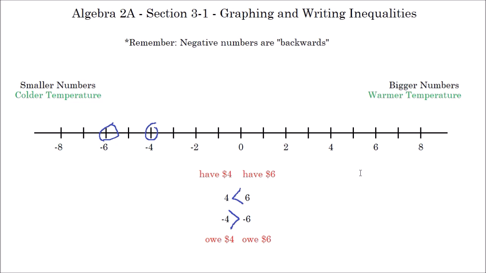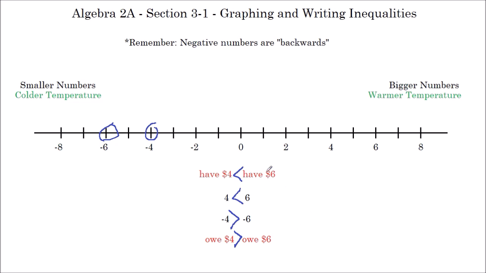And so my hungry mouth, having to choose between those, would rather have $6 instead of having $4. Having $6 is better financially. If we come down here to the negative 4 and the negative 6, that's like owing $4 versus owing $6. Now, if you have to choose between those two, it would be better to owe $4 instead of owing $6.